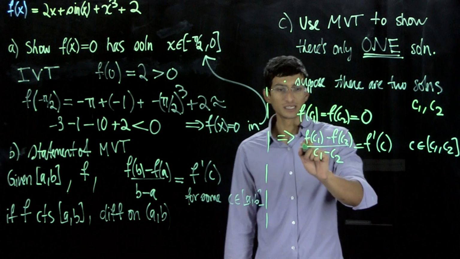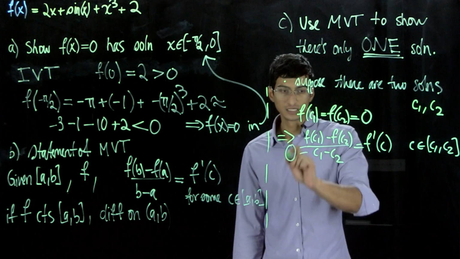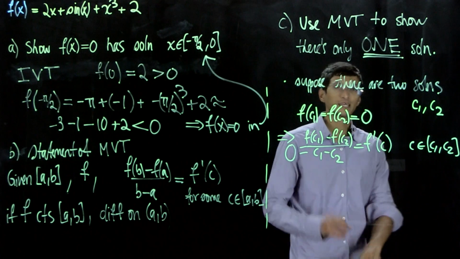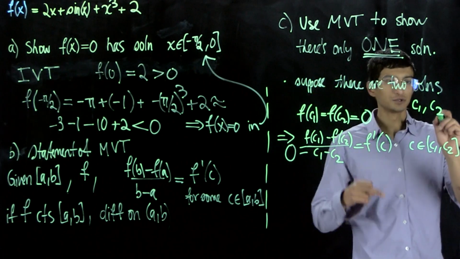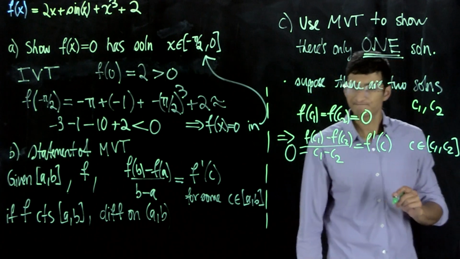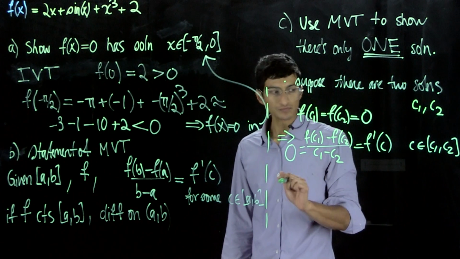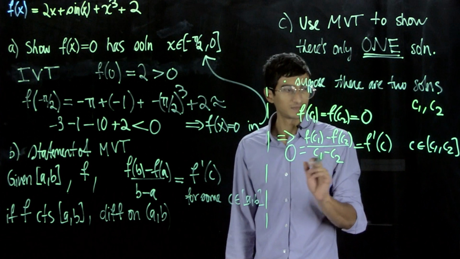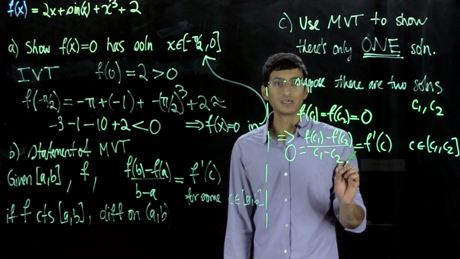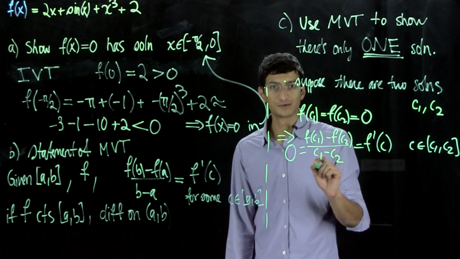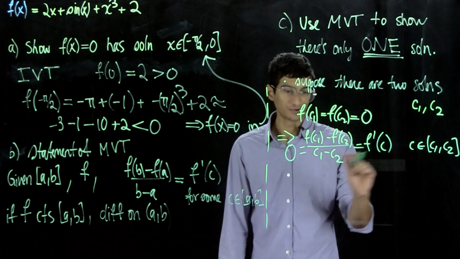And by this assumption, this thing over here is 0. And I guess I really need to assume that there are two solutions that are not equal to each other. So this tells me that the slope must be 0 somewhere in this interval.